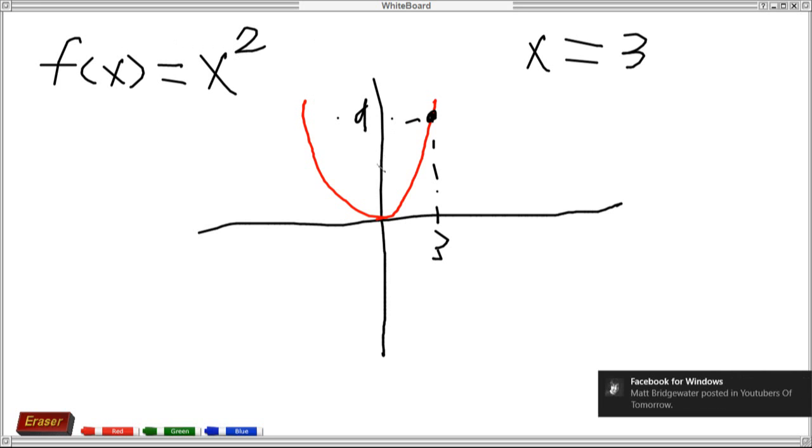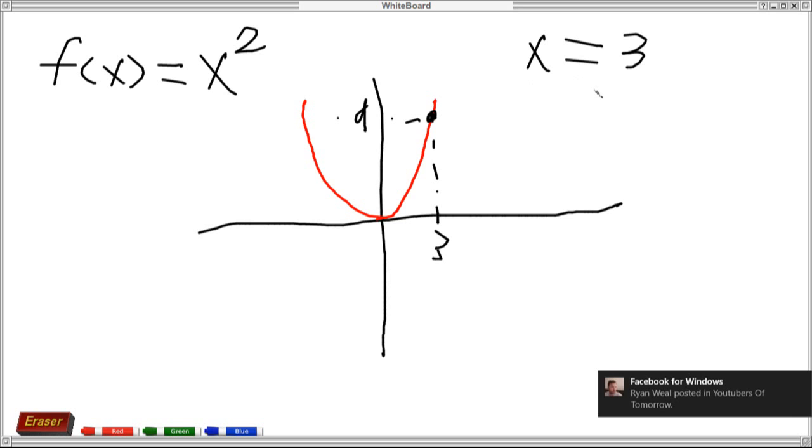Okay, now let's say that you want to find the average rate of change.